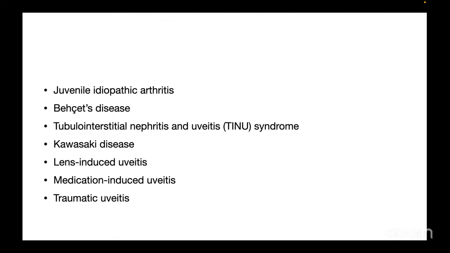In case of phacoanaphylactic, the lens matter has an immunogenic reaction, and that complex will lead to an anaphylactic attack and causes the uveitis. Okay. So usually a hypermature or traumatic cataract leads to lens-induced uveitis. There is a history of trauma.